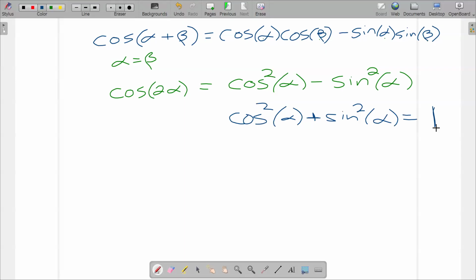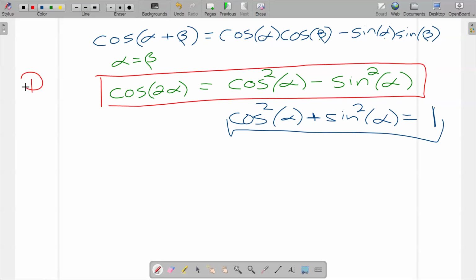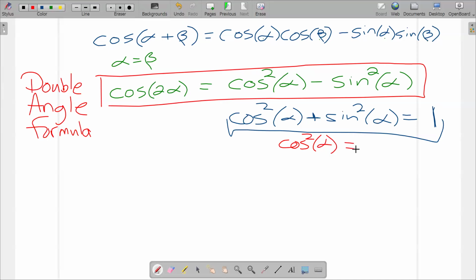But it turns out we can use this identity to get a couple of other versions of what we see above. So again, this is one version of the double angle formula. Cosine. There's a sine version too, we'll get to in a little bit. So what I'm going to do here is rewrite the Pythagorean as cosine squared of alpha equals, I'm going to subtract the sine squared over, so I have 1 minus sine squared of alpha.